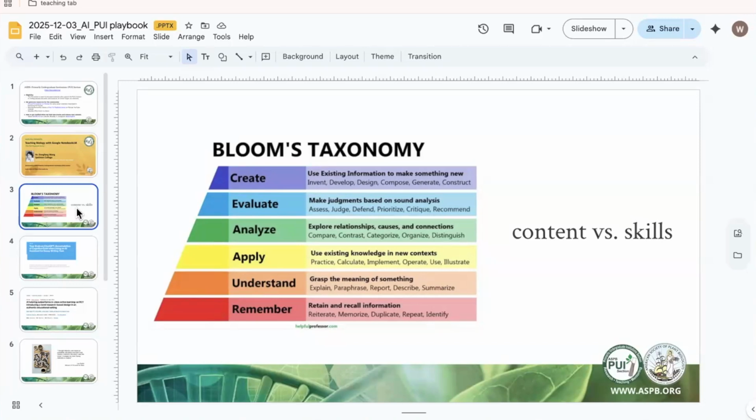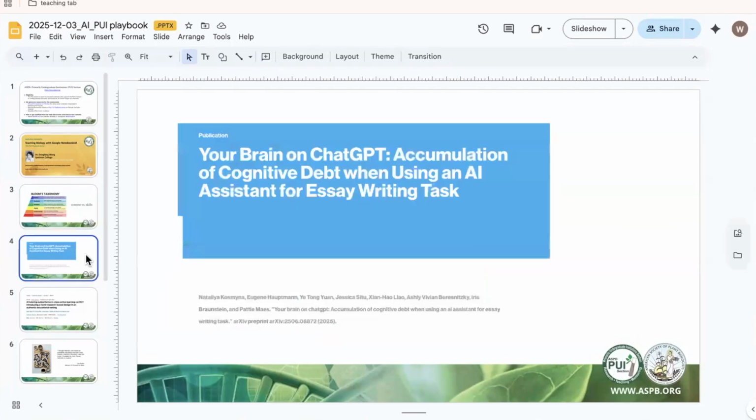Before going into what I have tried in my class, I would like to offer a sort of literature review on the pros and cons of AI tools. The one most of us are probably familiar with is a study coming out of MIT.